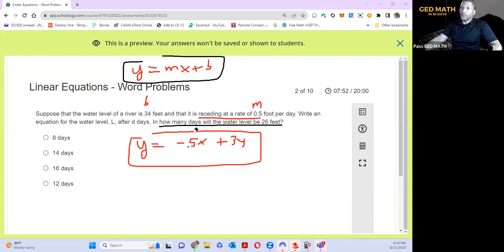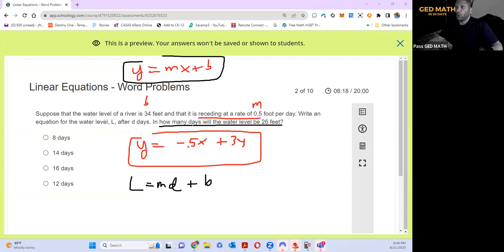But they want to know how many days it will take, so they want to solve for d. Let me change it to black and use that same formula: L equals md plus b.